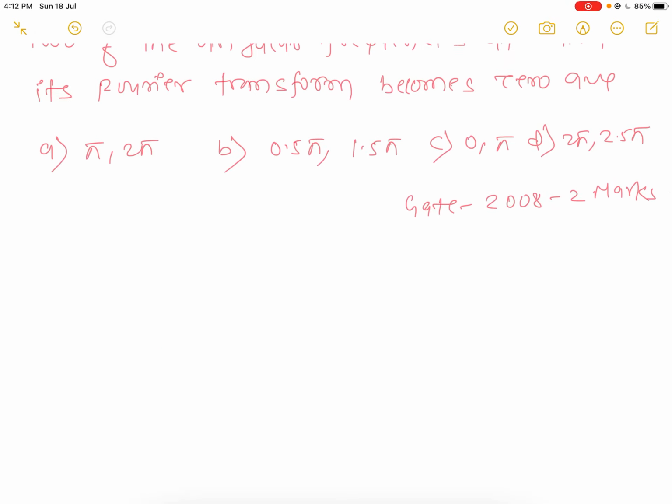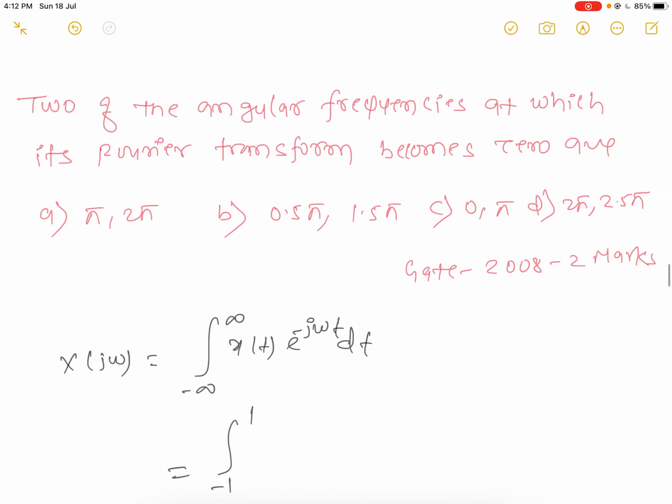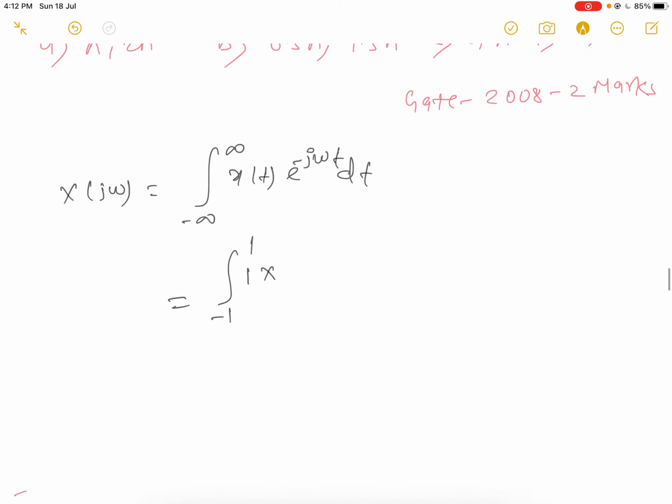First of all, find the Fourier transform of the signal. The Fourier transform will be the integral from minus infinity to infinity of x(t) e to the minus j omega t dt. Our signal is valid for minus 1 to 1, otherwise 0. For minus 1 to 1, it becomes 1 into e to the minus j omega t dt.